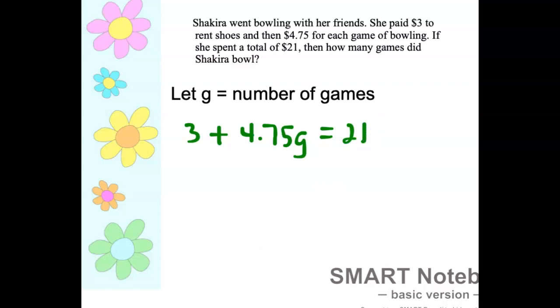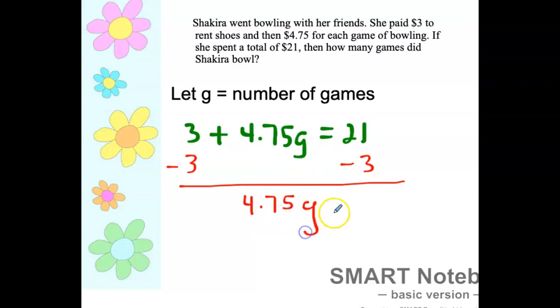The next step is to subtract 3 from both sides to isolate the variable, so we need two steps to isolate it. We end up here with 4.75g, and then 21 minus 3 is 18.